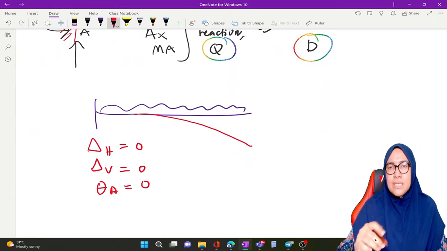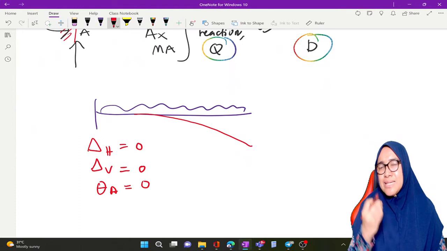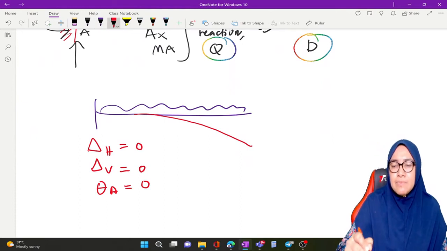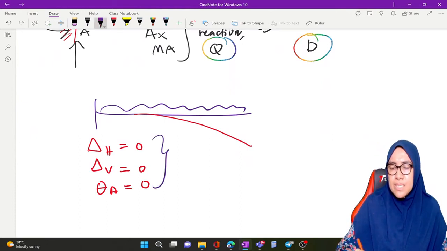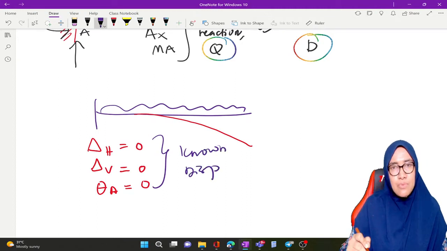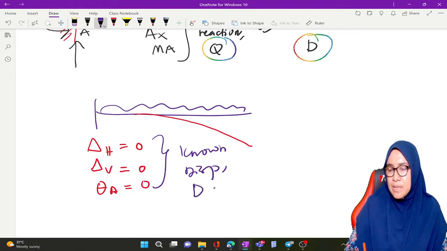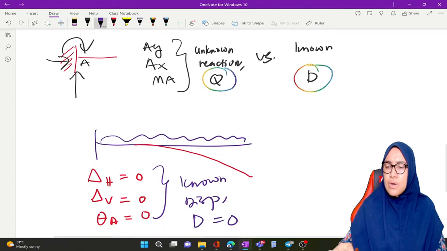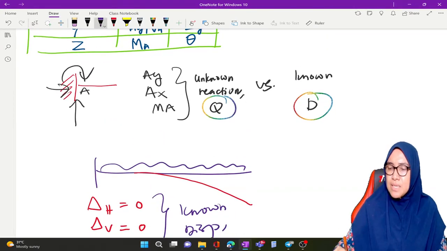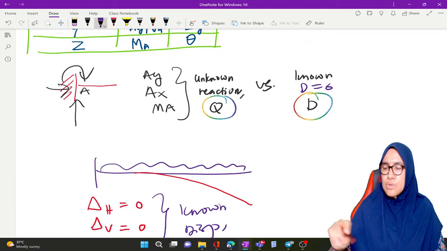This means non-displacement. So what is the value? Displacement equals 0. So non-displacement here means displacement equal to 0.